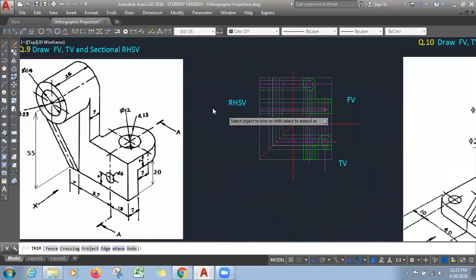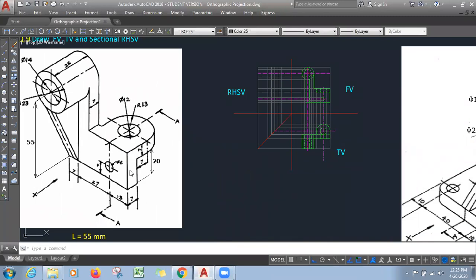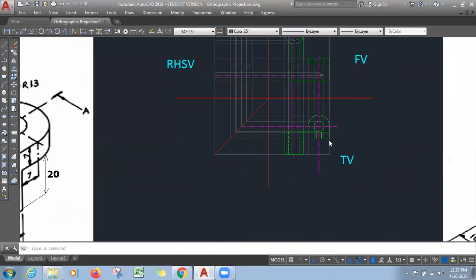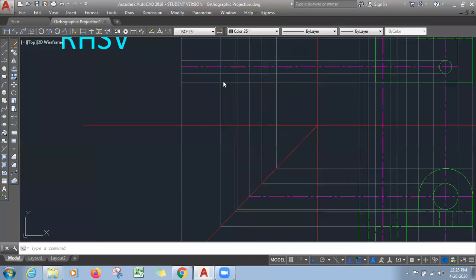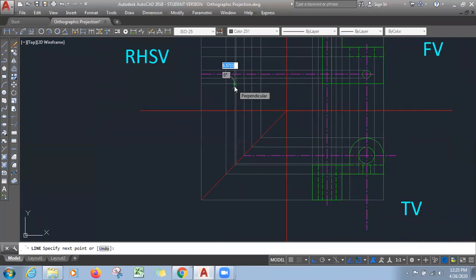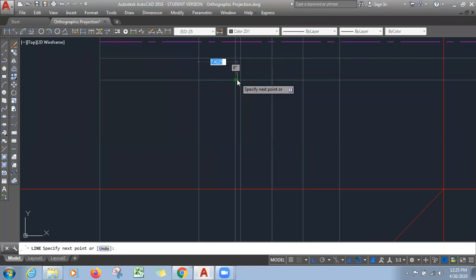Now once we have this, let us have a look inside. What can we see? First of all, here we can see an L shape from the side view. Now where we have this level? You see this is your level, this is my level. Here I can have it, at what level? Up to the second projector, this one.